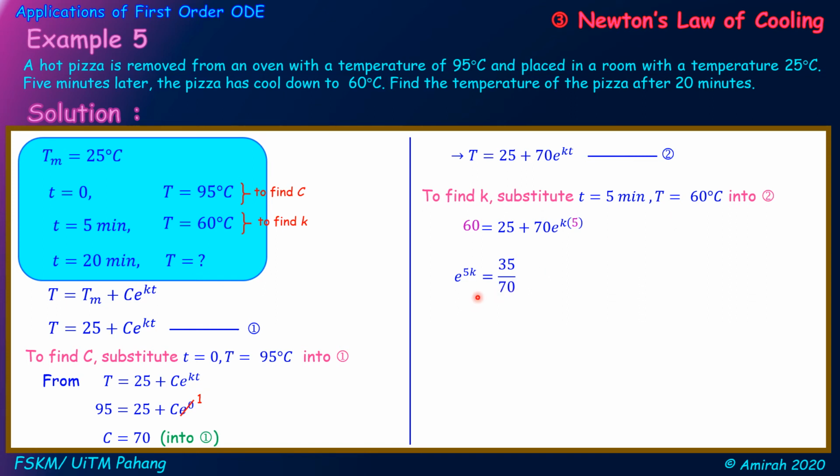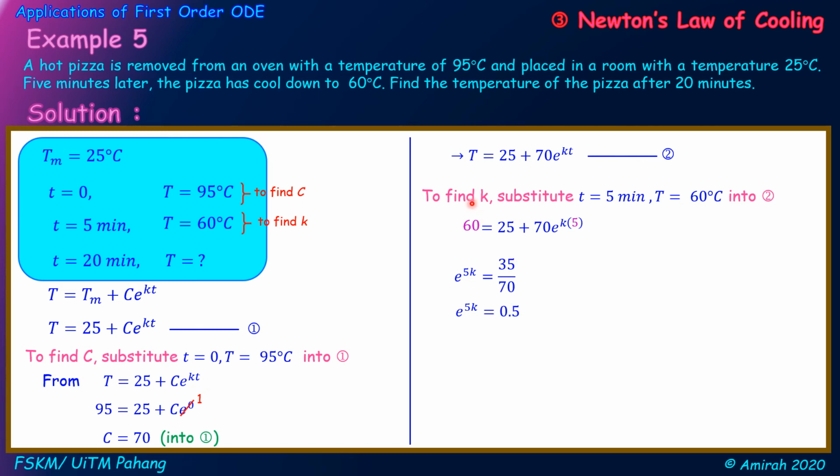Okay, then we can simplify. So we get e to the power of 5k equals 60 minus 25 equals 35. And then we move 70 to the left hand side, so we get over 70. So we can write e to the power of 5k equals 35 over 70, or e to the power of 5k equals 0.5.